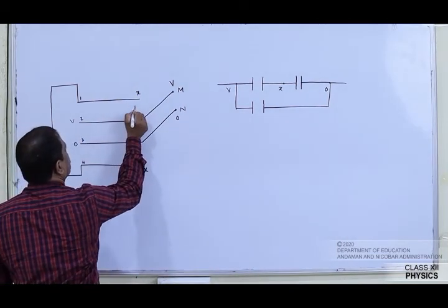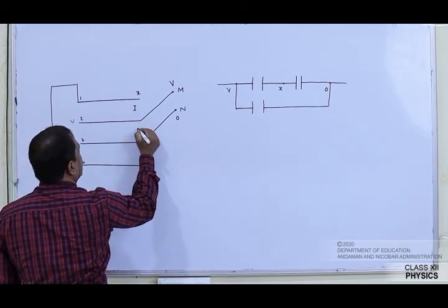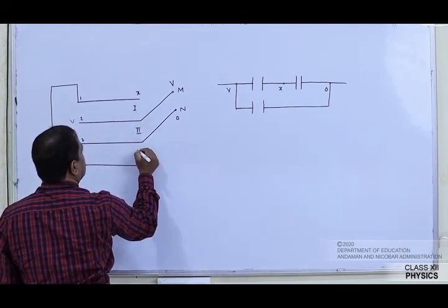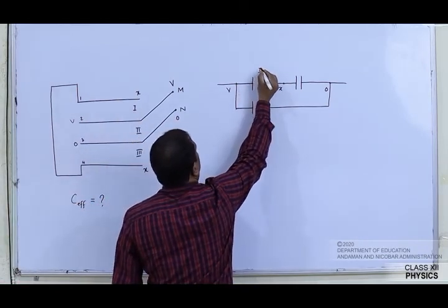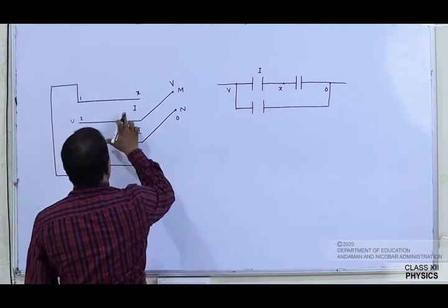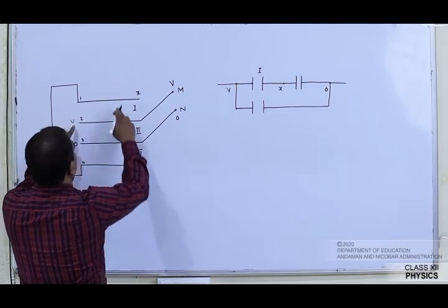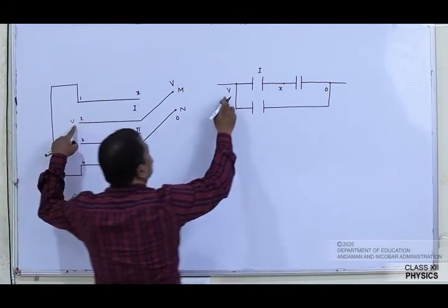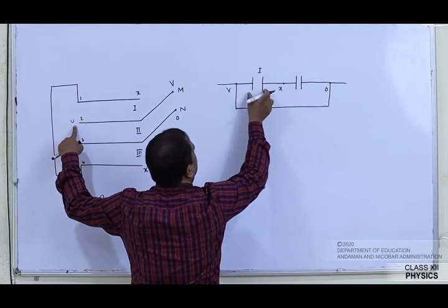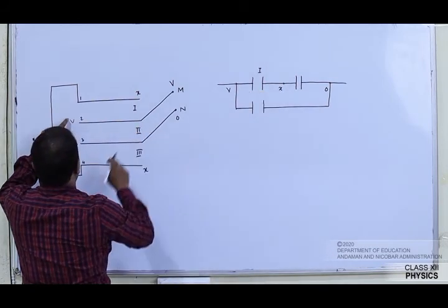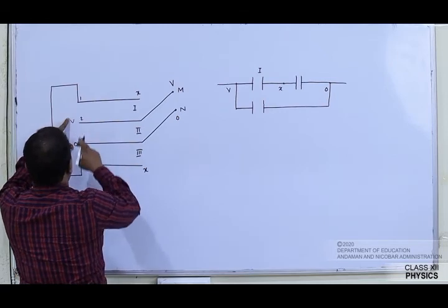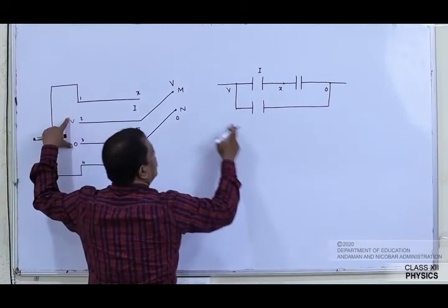I repeat once again. This is my first capacitor, this is my second capacitor, this is my third capacitor. The first capacitor has its two plates connected across V and X. The second capacitor is connected between V and 0.